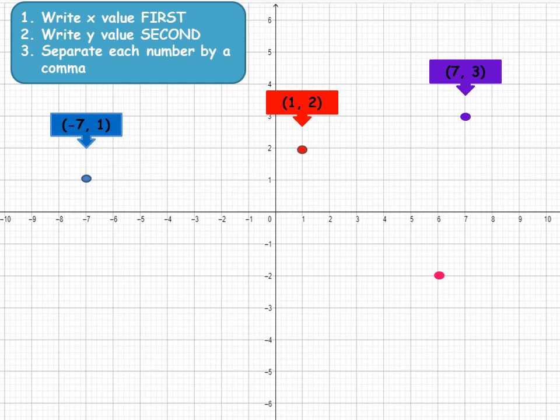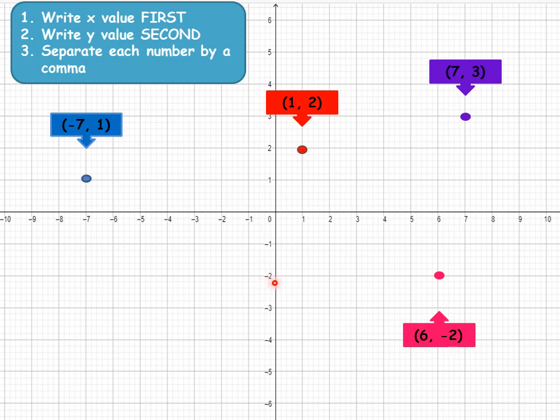Next example. Try this one. Awesome. 6, -2. Here, the x is 6 because we found 6 on the x-axis. And then we want to find what number on the y-axis it lines up with. The y-axis runs from top to bottom.